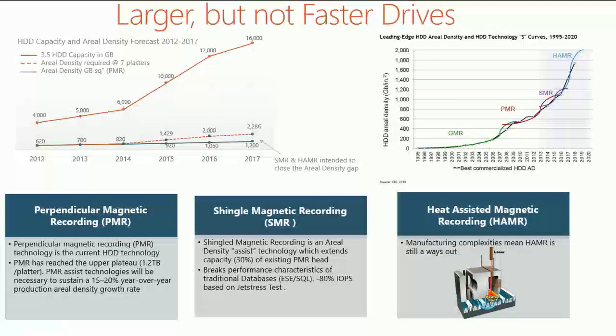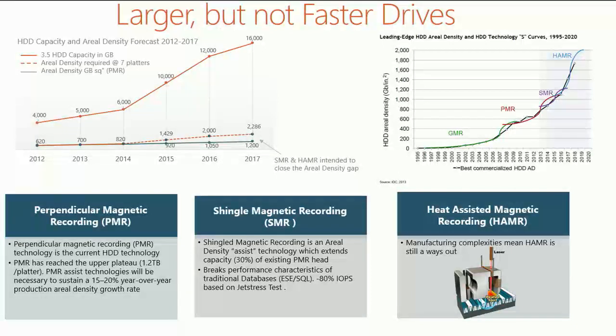We've heard statements all the way up to about the drives maxing out at about 1.2 terabytes per platter. And actually, let me take a step back and say, most drive technology today that isn't solid state or PCIe flash is something called PMR, or perpendicular magnetic recording. That's the drive technology if you have spinning media that you're using. PMR has this upper limit of areal density of about 1.2 terabytes.